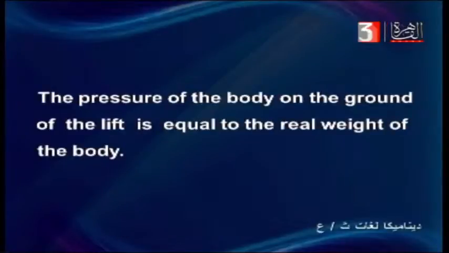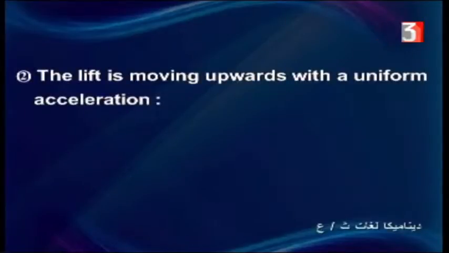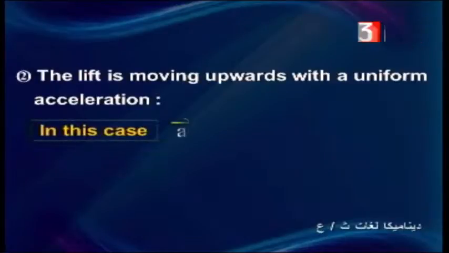But in the second case, the lift is moving upwards with a uniform acceleration. The first case, uniform velocity, means the acceleration equals 0. But in this case, the body moves upward with a uniform acceleration, then vector a equals a in the positive direction of i.